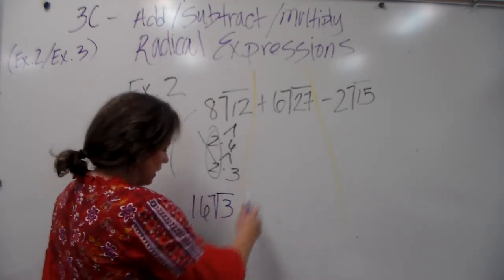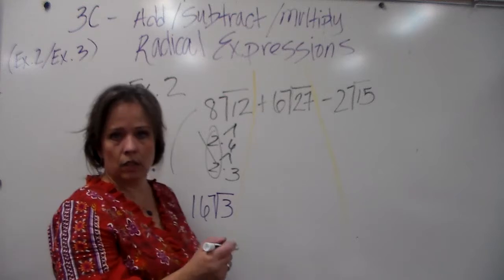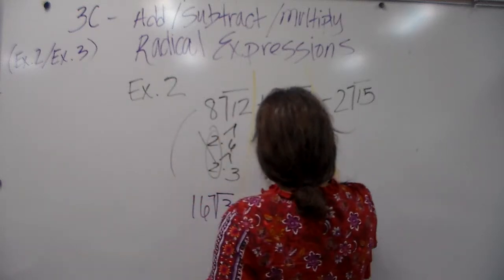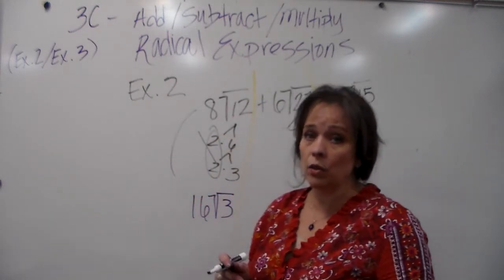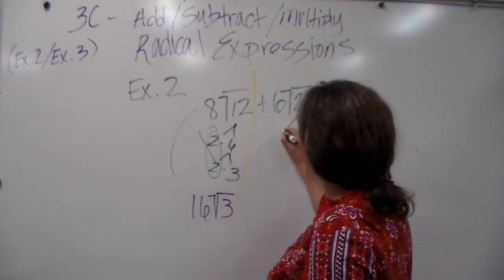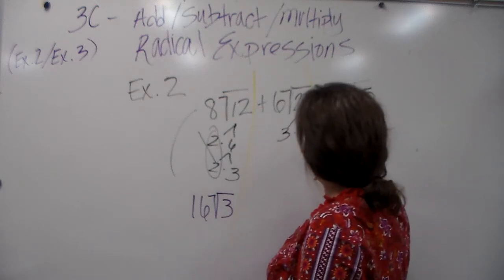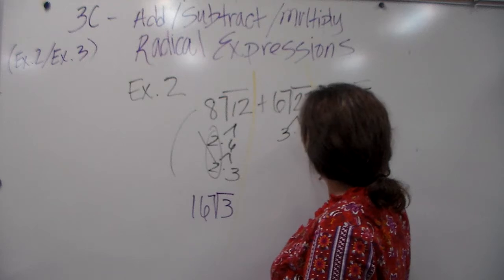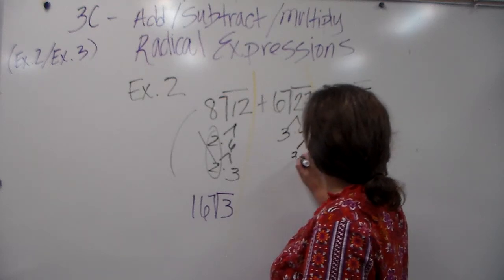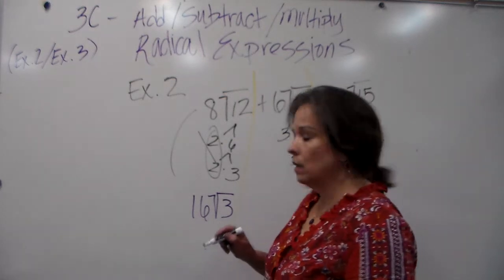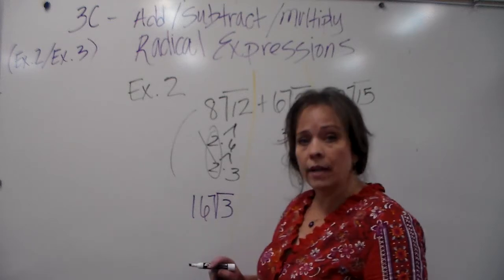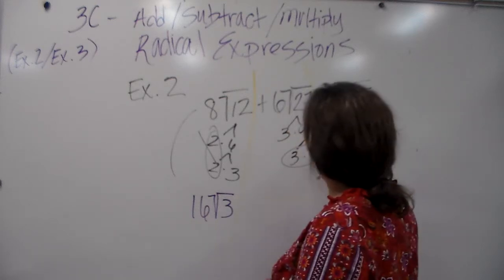Now let's try to simplify 6 square root 27. 2 does not go in evenly, so we need to try our next prime, which is 3. That will factor to 3 times 3 times 3. Since we've got a match there, we can break that out.